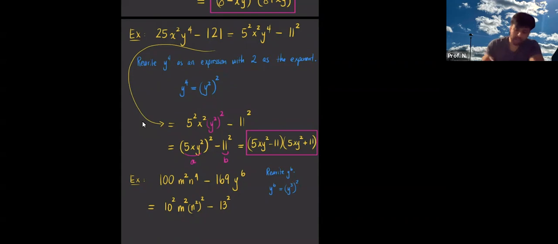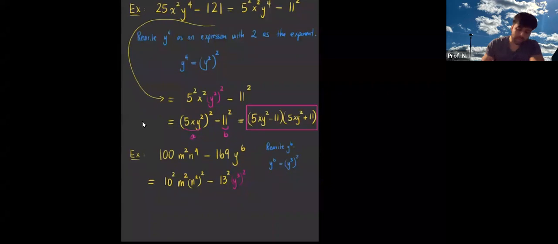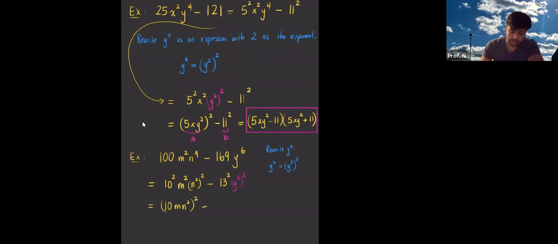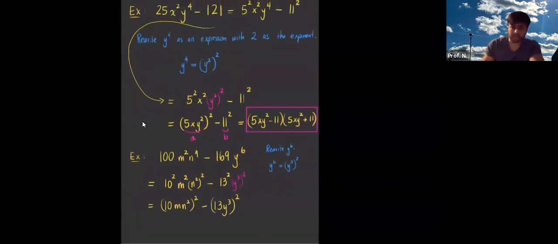So I can rewrite this as y cubed, and this whole thing is squared. Now I can rewrite it as 10mn squared, parentheses, raised to the second power, minus 13y cubed, parentheses, to the second power. So now what do I have?